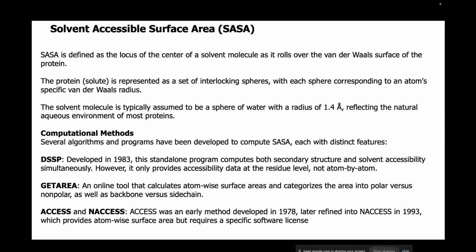And you can compute this solvent accessible surface area. Before knowing what it is, you should know why you need solvent accessible surface area, because it is going to tell you how this particular protein is going to dissolve in a particular solvent, how it is going to mix in a particular solvent.